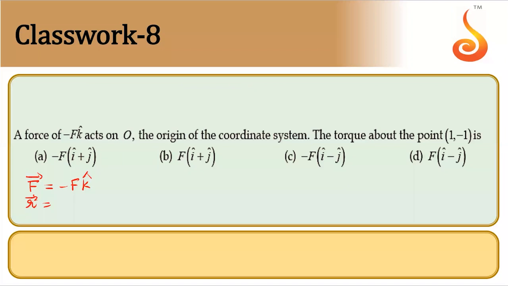R is what? 1 comma minus 1, that is I cap minus j cap. Right? So torque is R cross F. See, here you can do it without drawing determinant. So it will be minus F into k cap cross I minus j.